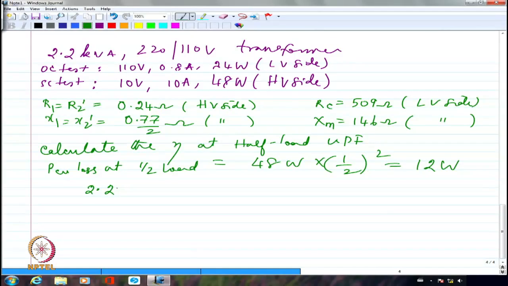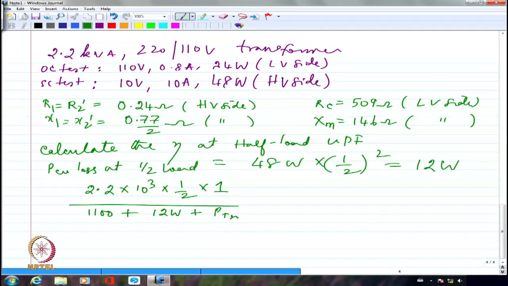This is the power factor. If the power factor had been 0.8, I should have put 0.8 instead of 1. So divided by 1100 plus 12 watts is the copper loss and P iron. P iron is already given as 24 watts. So this will give me efficiency at 50% load unity power factor.